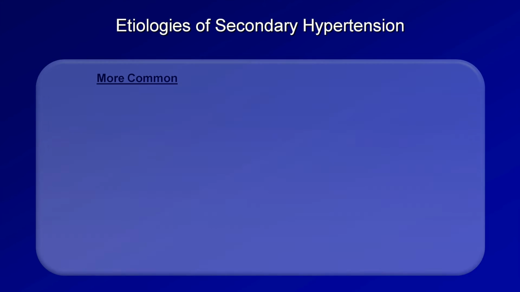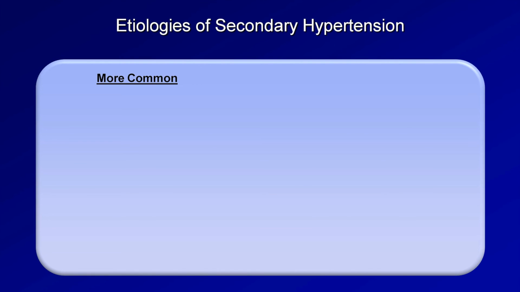Moving on to secondary hypertension, there are many etiologies, most of which also require the renin-angiotensin-aldosterone or sympathetic nervous systems. The most common etiology of secondary hypertension is something called renovascular hypertension, in which focal narrowing of one or both renal arteries results in low renal perfusion pressure and an inappropriate increase in renin activity, which increases the overall activity of the renin-angiotensin-aldosterone system.